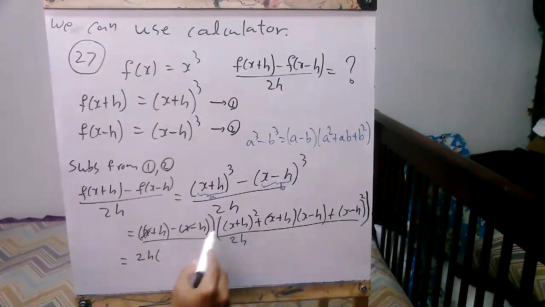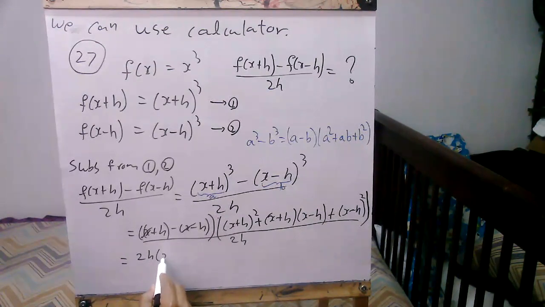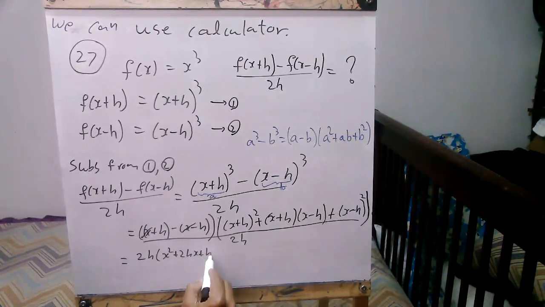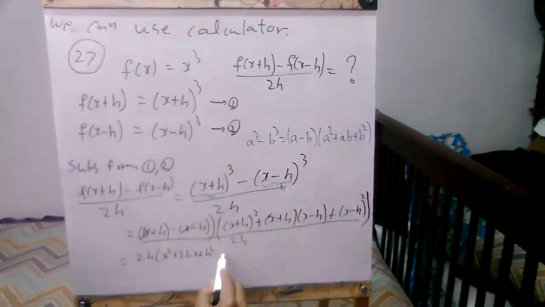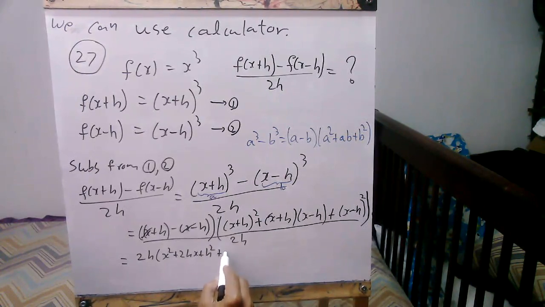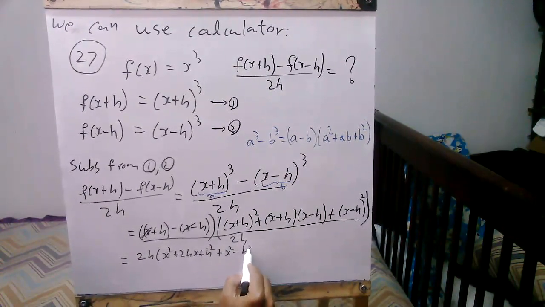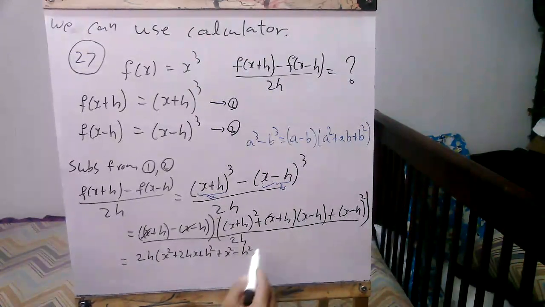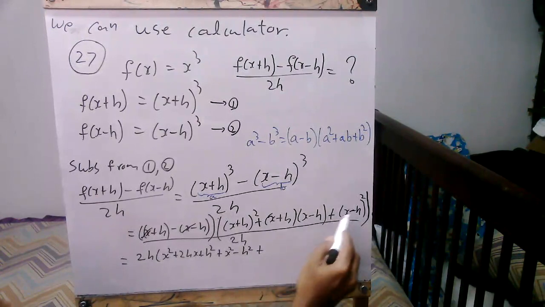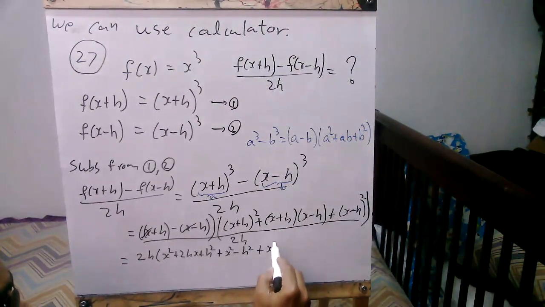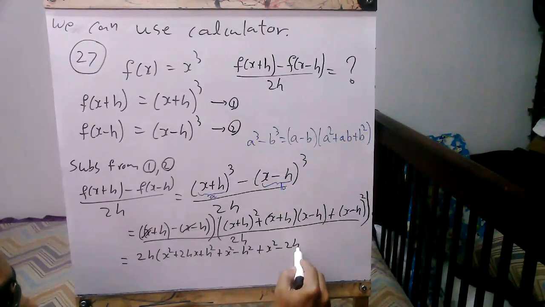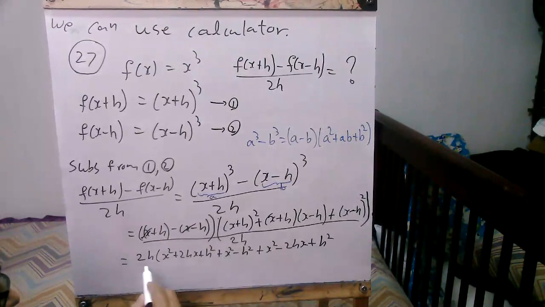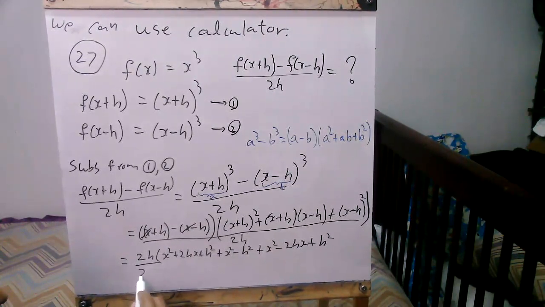Here we get x plus h squared is x squared plus 2hx plus h squared. x plus h times x minus h is x squared minus h squared. Then x minus h, whole thing squared, is x squared minus 2hx plus h squared, whole thing divided by 2h.